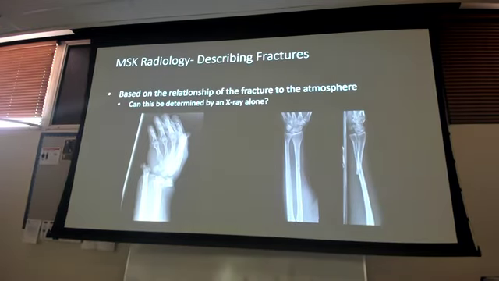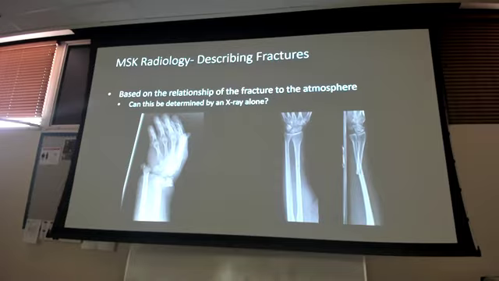Okay, so knowing that, we've already covered the forearm one, you guys know the answer to that one based off of the soft tissue. But what about this first one, open or closed fracture? You haven't seen the patient yet. Bingo. It is an open fracture. The bones are sitting outside the soft tissue.